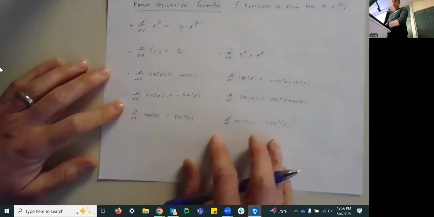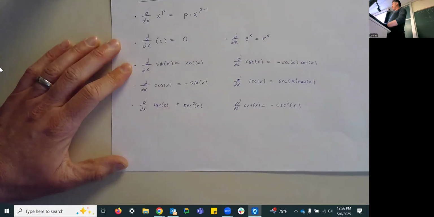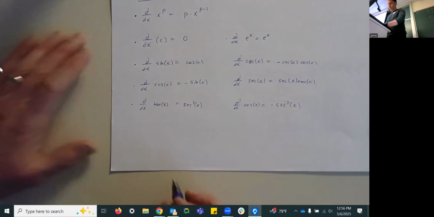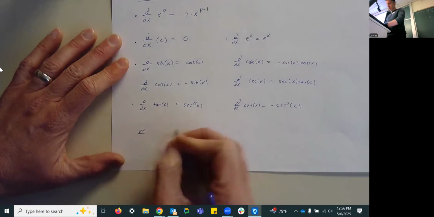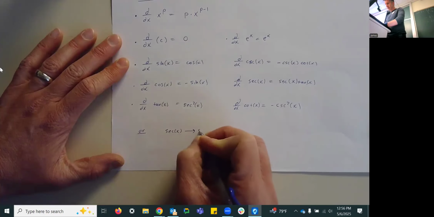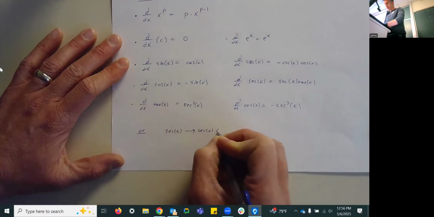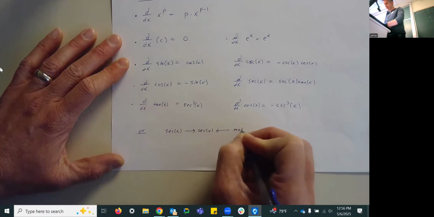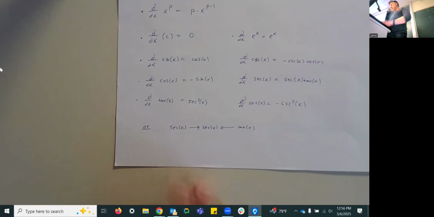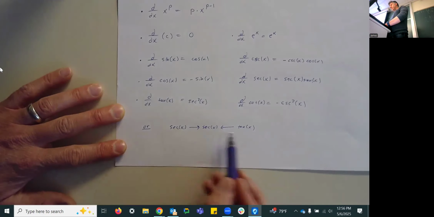One more thing I'll say here. This is something a student showed me, the way they remember the derivatives of secant, tangent, cosecant, and cotangent. They wrote secant of x, arrow to the right, secant of x, arrow to the left, tangent of x. This is totally them, not me. They said the derivative of secant is secant times tangent.